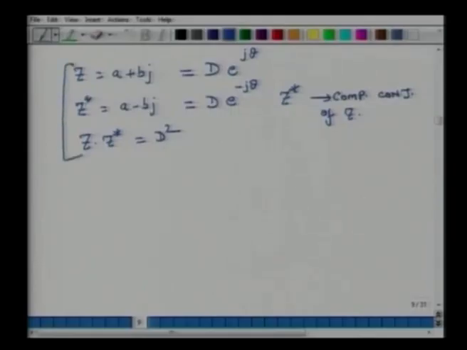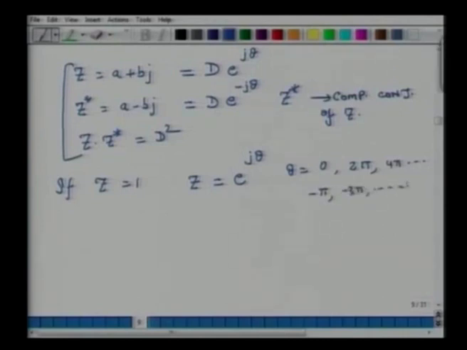A couple of other identities. If z equals 1, then in the complex plane I can write z equals e^(j theta), where theta could be 0, 2 pi, 4 pi, and so on and so forth, or it could be minus pi, minus 3 pi, and so on and so forth.